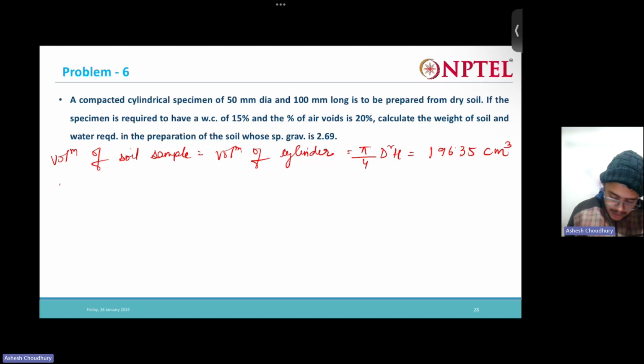Now, what is water content? Water content is weight of water by weight of solids. Weight of water, how can we write it?